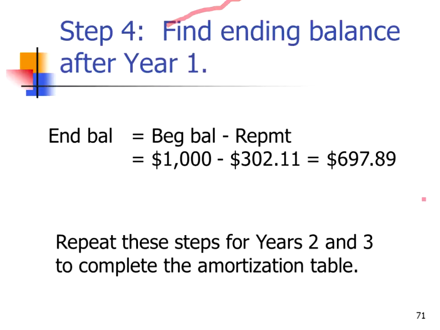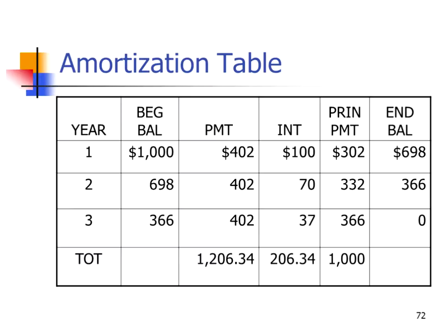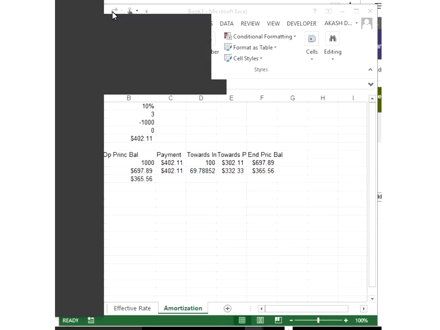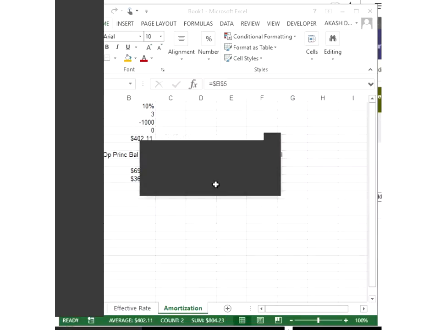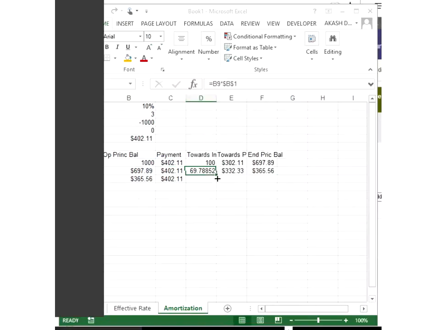Then 697 is the ending and the opening balance. So we repeat that for the second and third year. So it'll be 366 and then 402. So okay, that's going to be 402.11.